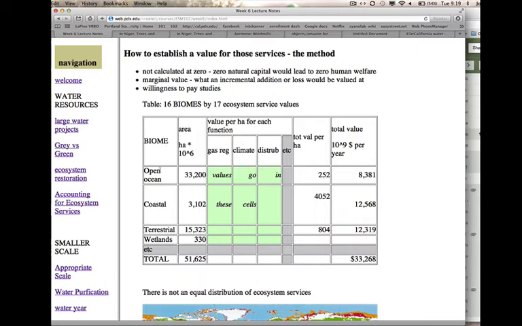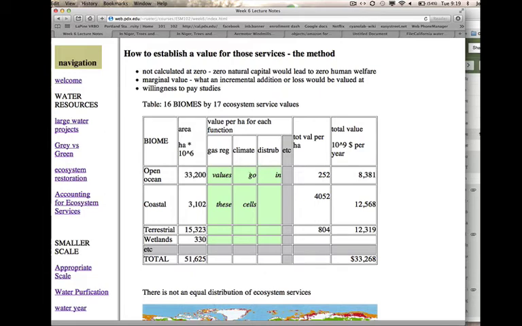So if we look at the biomes, they looked at 16 major biomes, and some of those are lumped into open ocean. I'm just giving you an example here of how these calculations would be made. So they had several areas in the open ocean, and there's 33 million hectares in the world of open ocean. And then they put in these values here, like what's the dollar value for gas regulation?